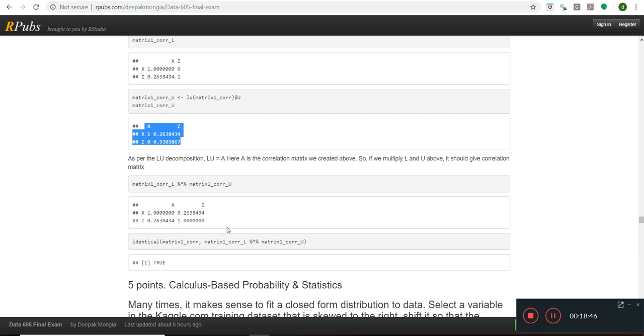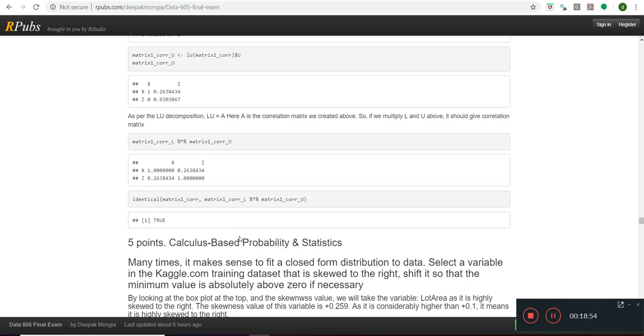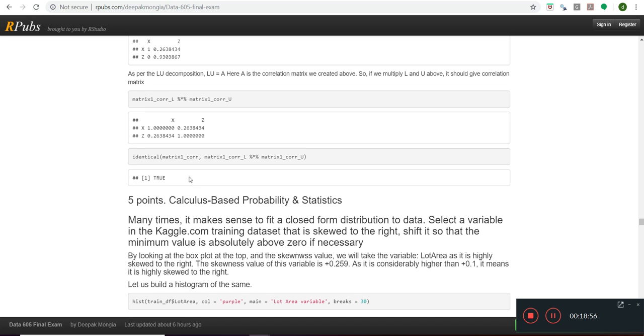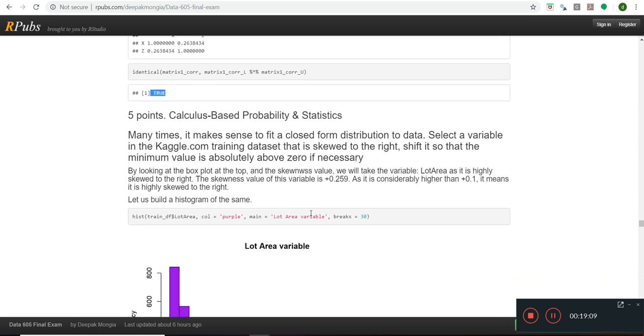If you multiply both of them, they give us our correlation matrix, as we used the formula on our correlation matrix to find L and U. Okay, so we check whether my correlation matrix and the multiplication of my L and U which I derived are the same, and they come out to be the same. It should be.